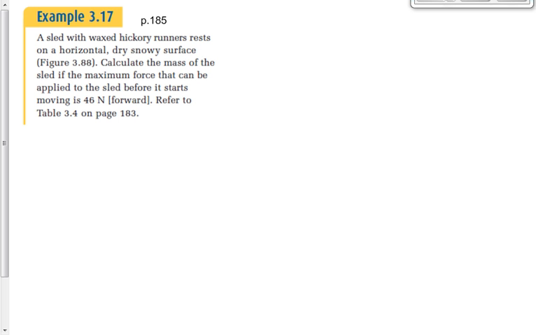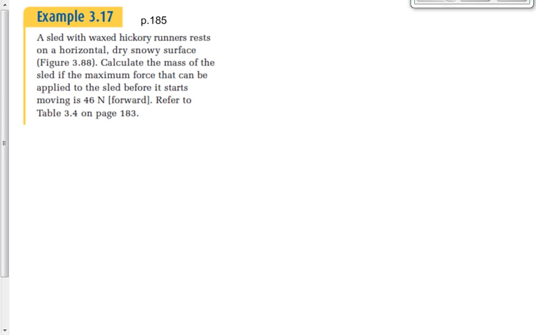Okay, I could rephrase this question to go back to the example of Lane's desk here. Calculate the mass of Lane's desk if the maximum force that I could apply to the desk before it begins to move is 12 newtons, right? Push on with 11.9, nothing happens. 12.1, something happens.